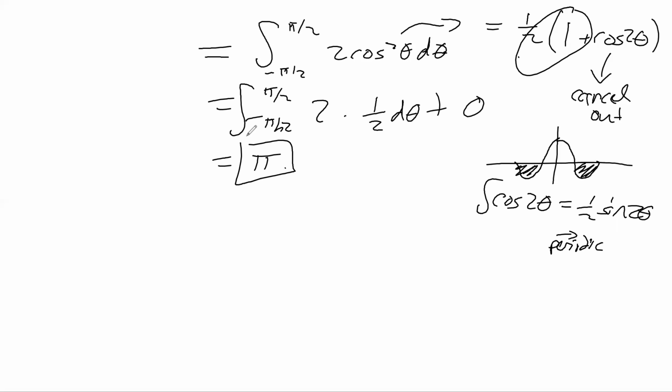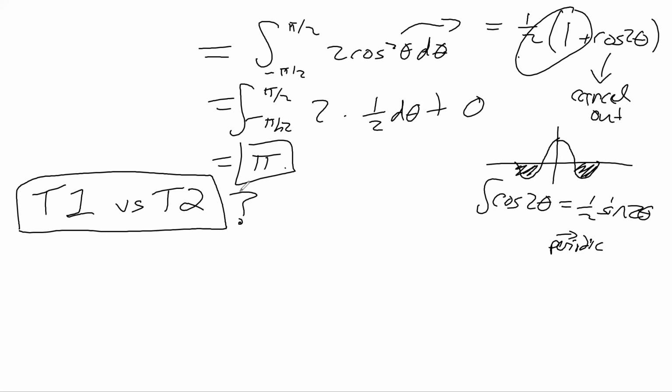So in general, how do you distinguish between type 1 versus type 2? Which one do you do? Well, how do you look for them? Well, it's which one wiggles more.